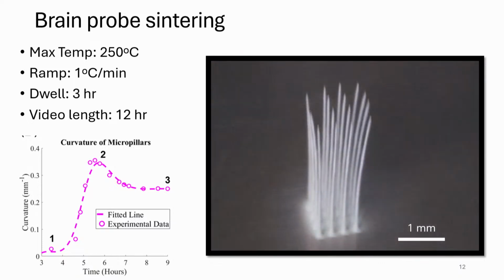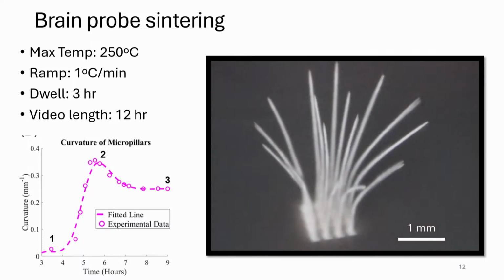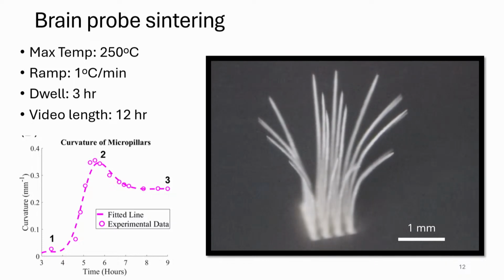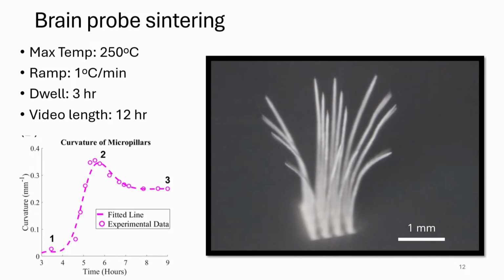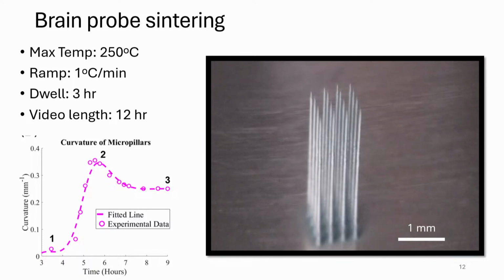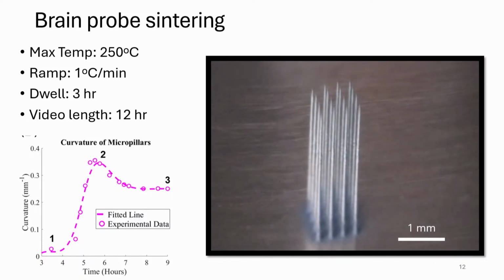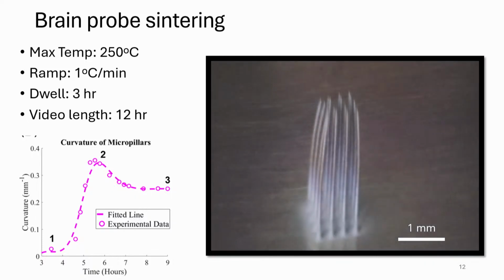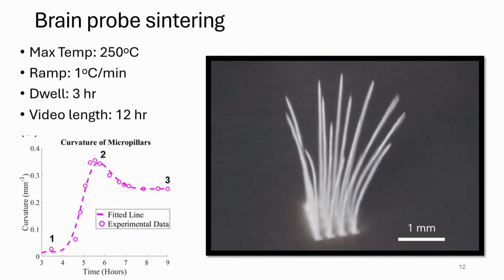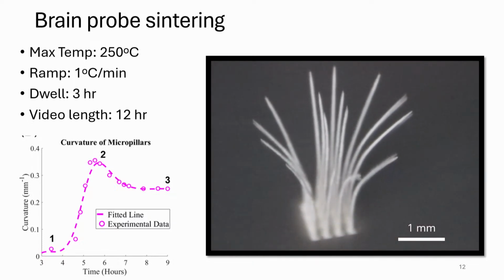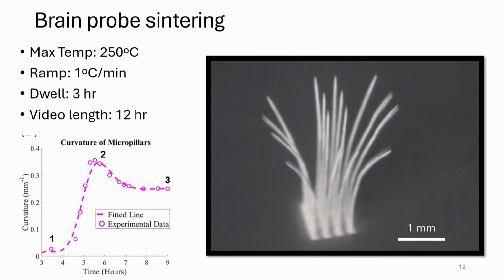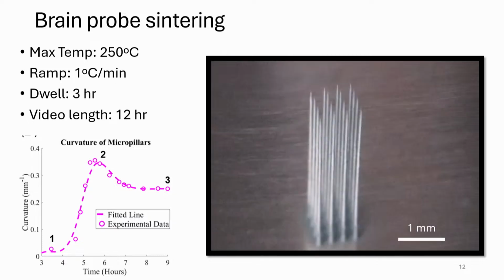Except that once you print, you need to sinter them, right? As you heat it up, first you burn out the polymer, and then you start sintering. And when you start sintering, this thing opens up like a flower, and then partially comes back.